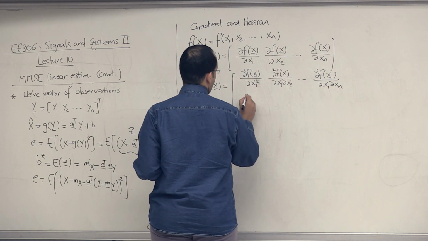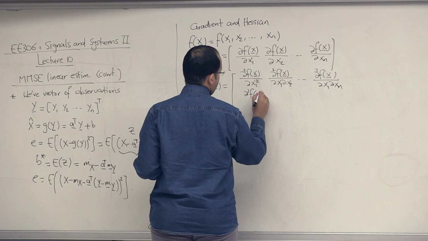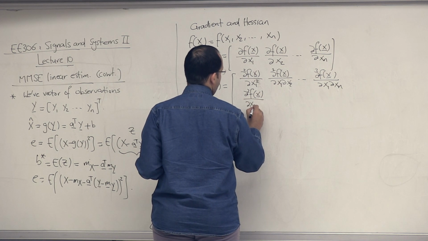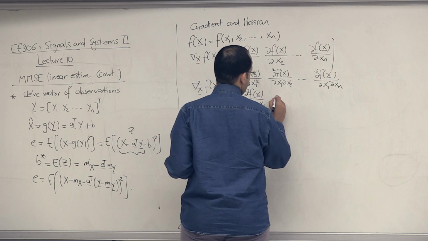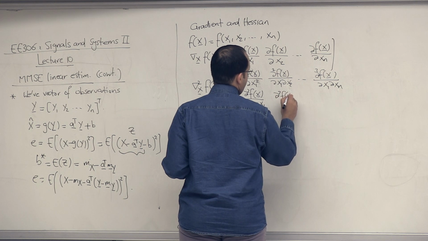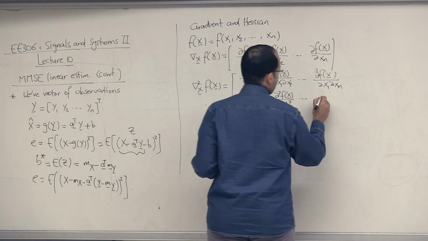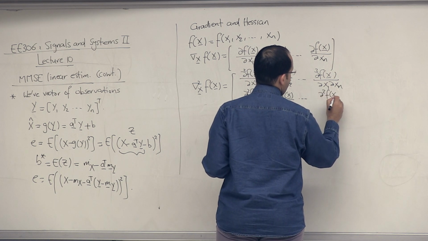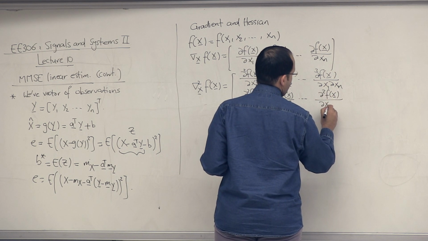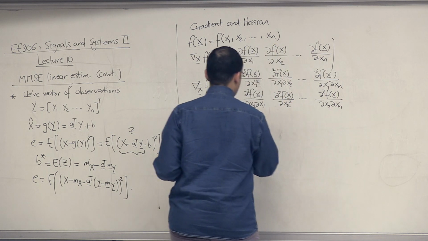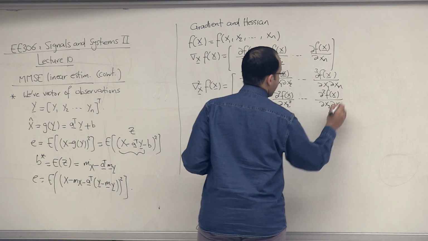And then the second row, once again, but this time it will be x2 x1, and here x2 squared, dot, dot, dot, and the last one is x2 xn. And you can complete the rest of the terms.